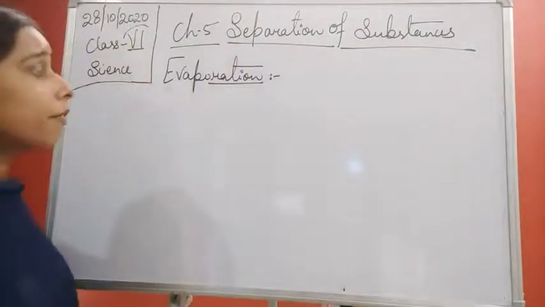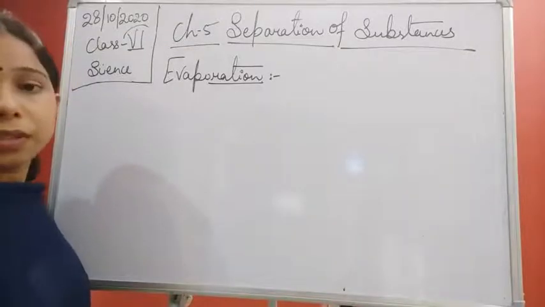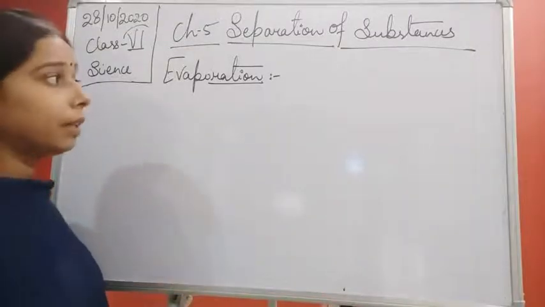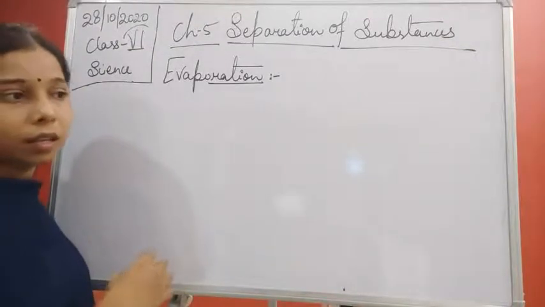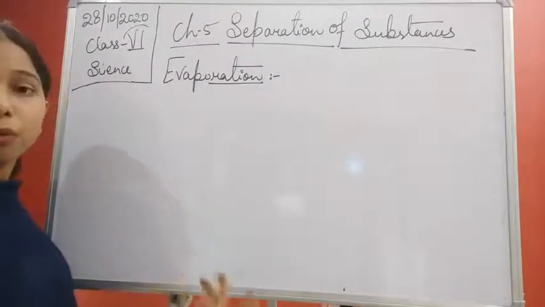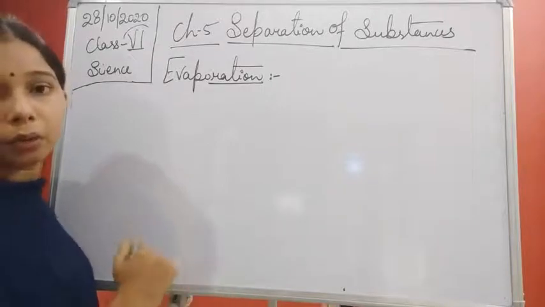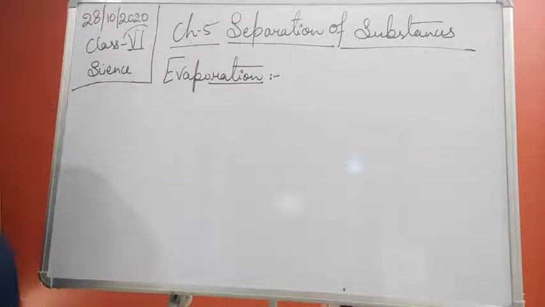What is the process of evaporation, students? So you see, we know that the process of evaporation includes the conversion of water into water vapor. That process is known as evaporation.